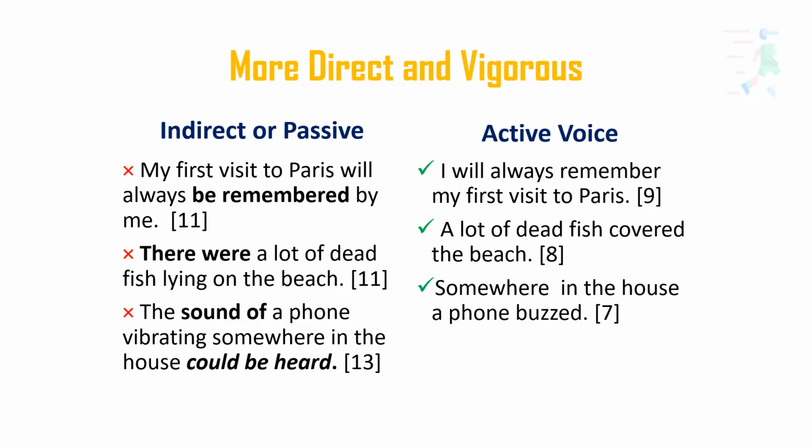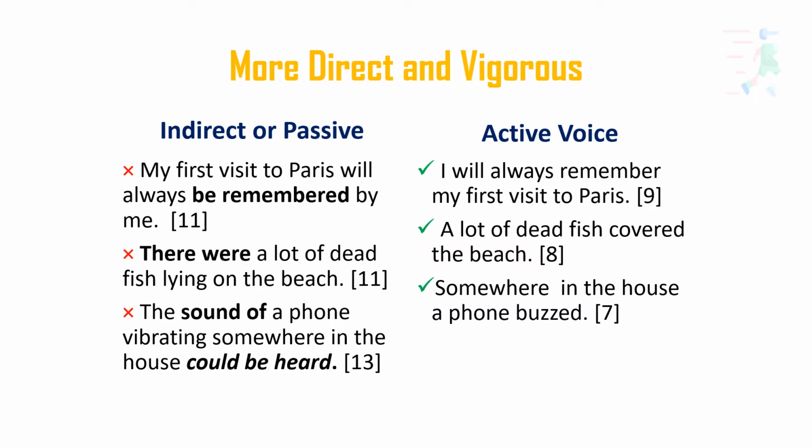I'll discuss this in more detail under Rule 8. In all of these examples, you'll notice that the passive or indirect sentences are longer than the active voice sentences. That means you're using more words to say what could be said in fewer words. And this is always to be avoided in academic writing, where you want to be direct and to the point.